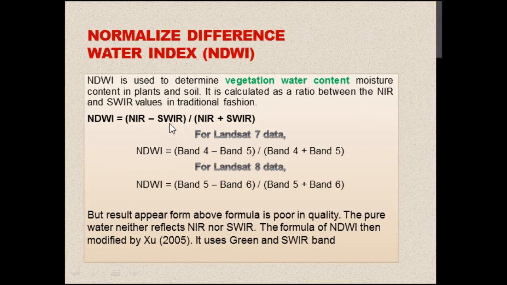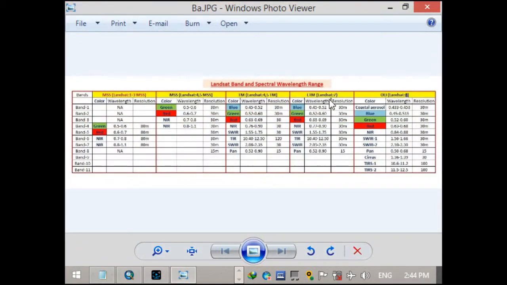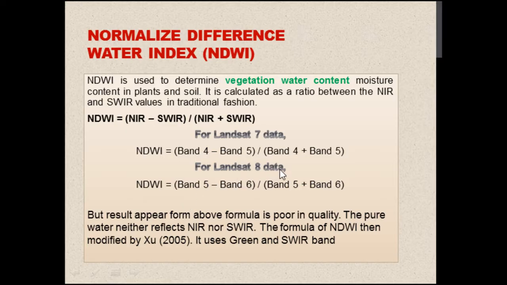So for Landsat 7, NIR is band 4 and SWIR is band 5. For Landsat 8 images, these bands will change, because NIR is located at band 5. So we will change these bands to get the equation for Landsat 8 data.